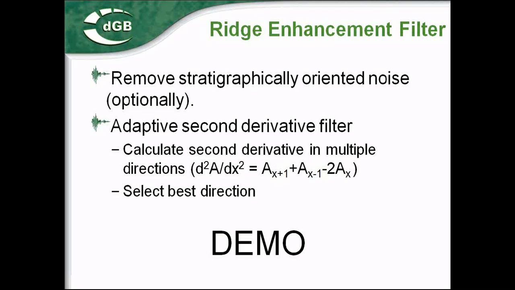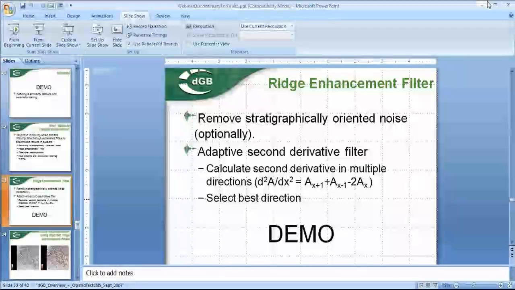Then you have probably a direction that's perpendicular to the fault and crosses the fault. That one sees the fault optimally. It just goes straight over the fault, and there the derivative filter will have the optimal signal. So the second step is, of those multiple directions, we select the best directions. So let me show you how that looks in OpendTect.